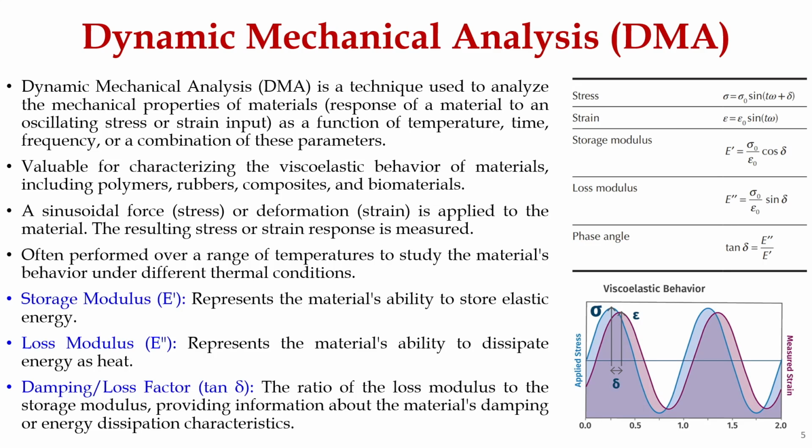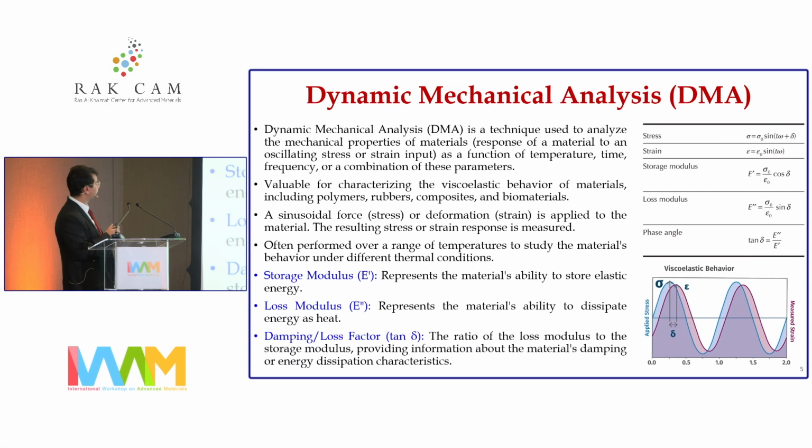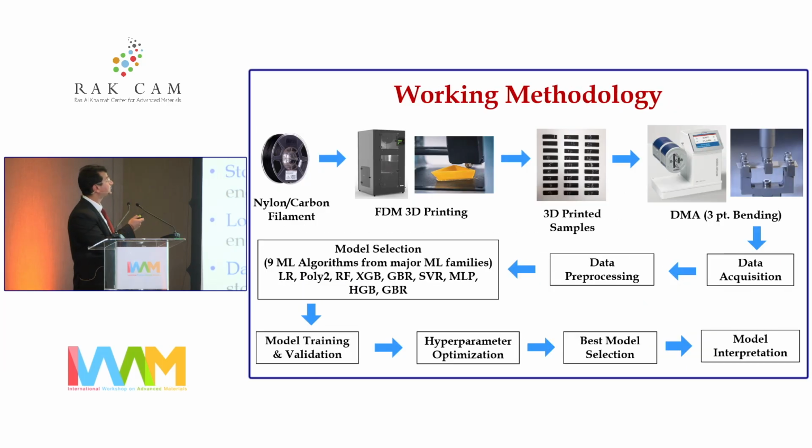It is valuable for characterizing viscoelastic behavior of materials, including polymers, rubbers, composites, and biomaterials. It is often performed over a range of temperatures to study the material's behavior under different thermal conditions. Three are the main parameters by which we analyze DMA properties: storage modulus, loss modulus, and damping factor.